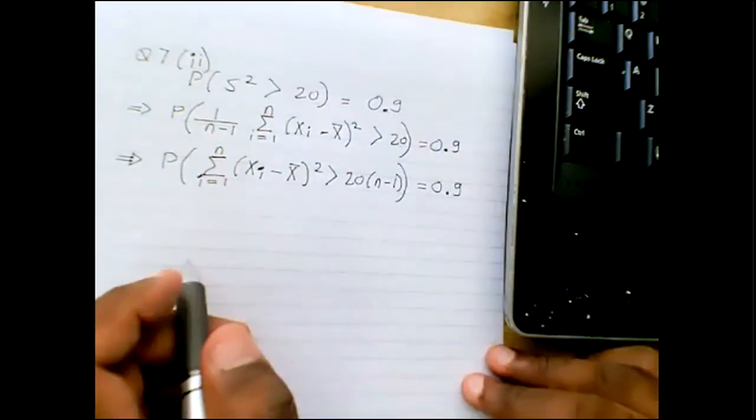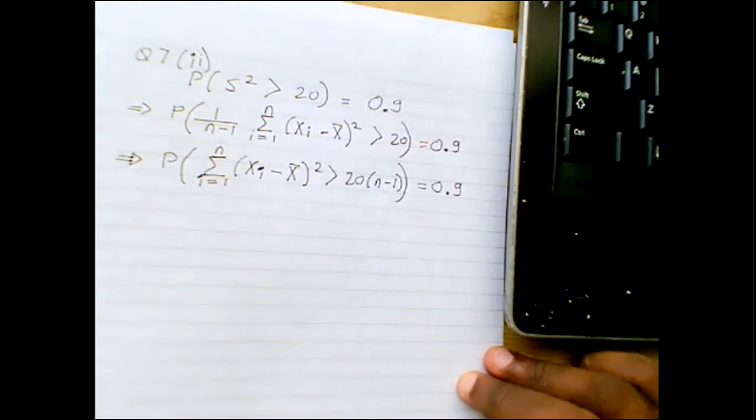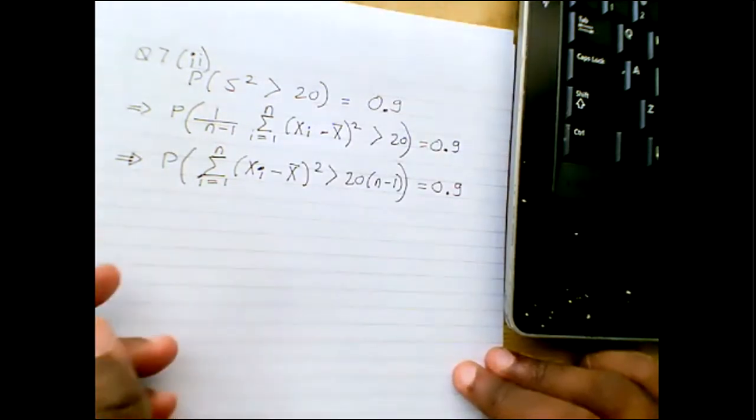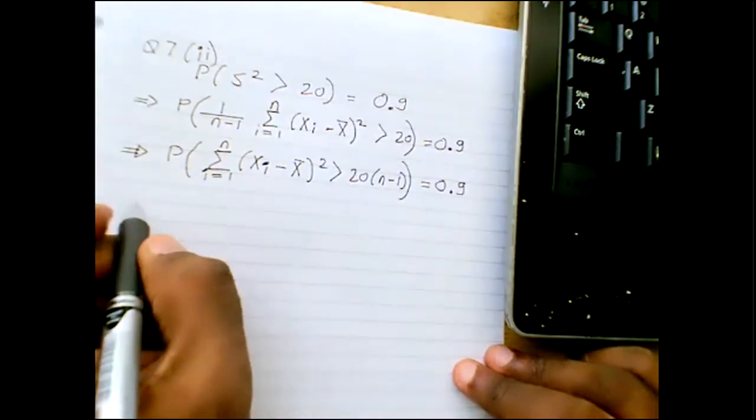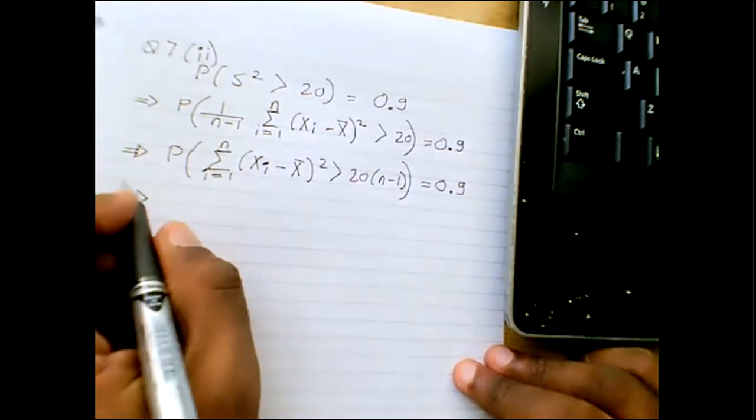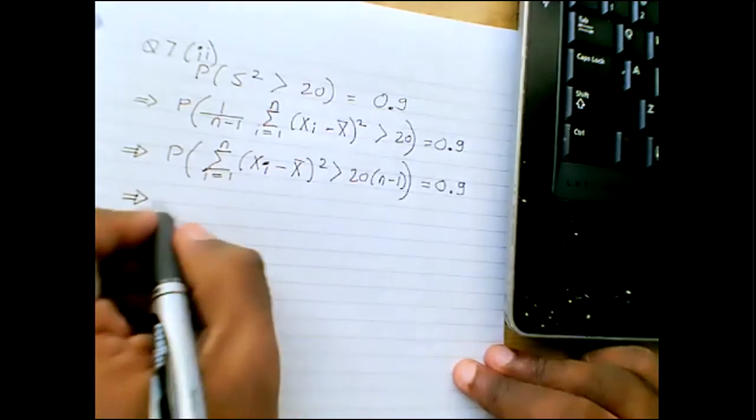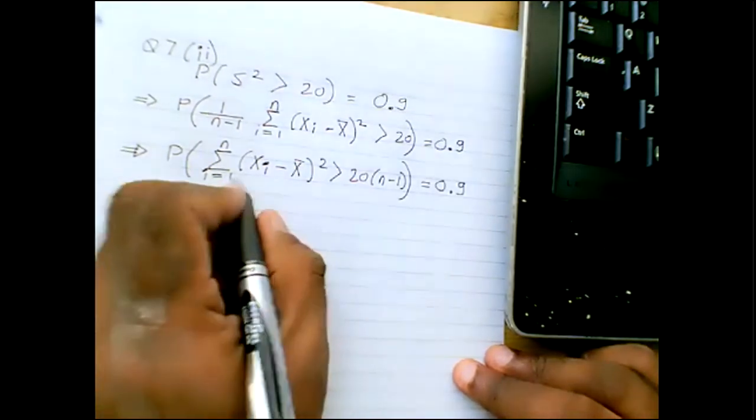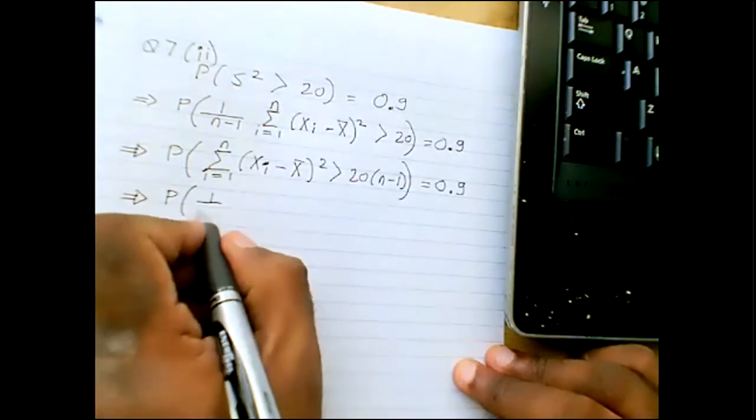You see why I'm doing this, guys? The reason is that I want to use the result that I used in part 1. To use that result, I need to divide by sigma squared, which is 36. So I'm going to divide both sides by 36.